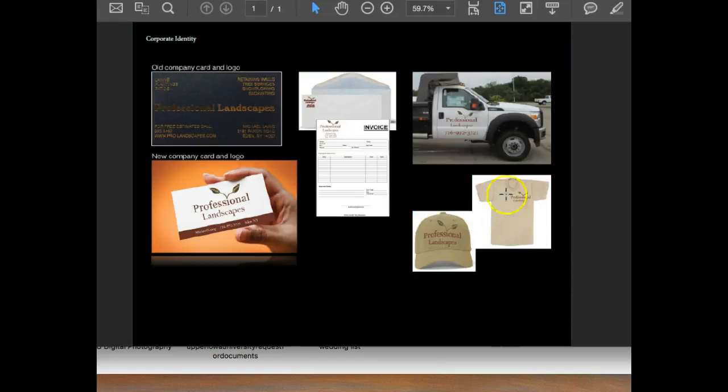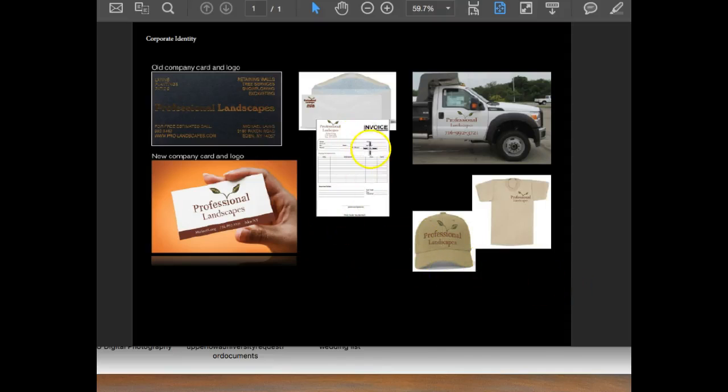So instead of just showing a shirt with a white background, you're actually showing a guy with a rake, wearing a professional landscaper's t-shirt. So again, you're giving the viewer these ideas. You're filling in the blanks here. And it just works so well. Be sure to look at that, because there's some great examples in there.